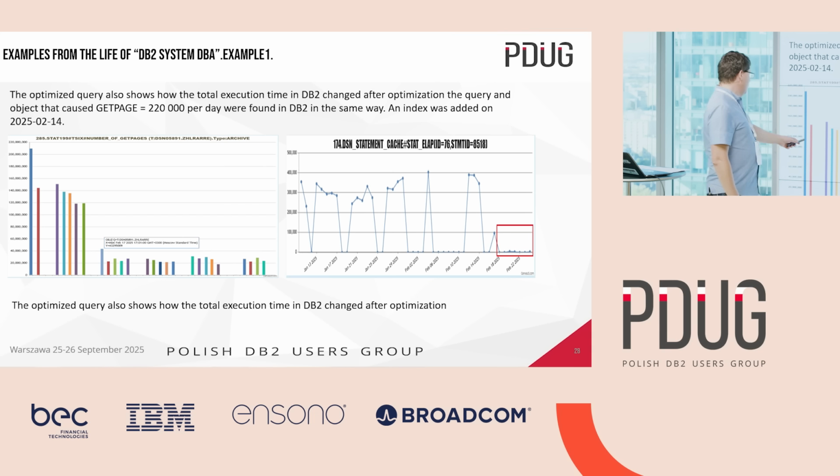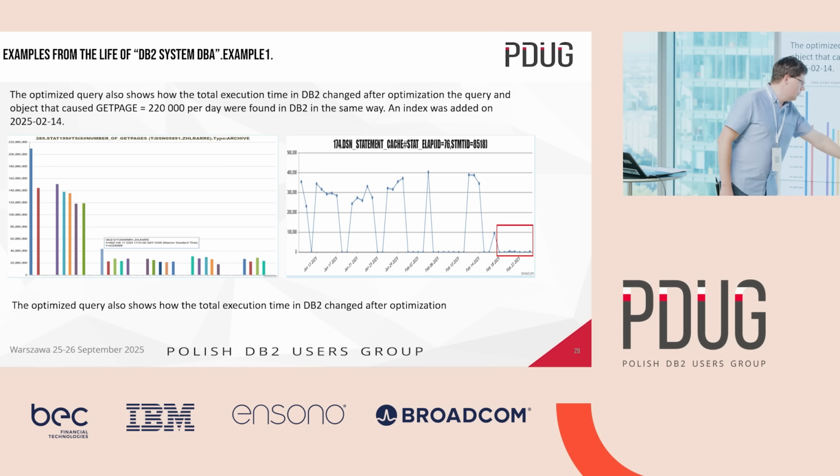But it's maybe a 1 month, 2 months period of time. And we detected this value, 120 million get pages per day, we found in DB2 in the same way. What we did, we added some index, and after February 14, this value decreased.